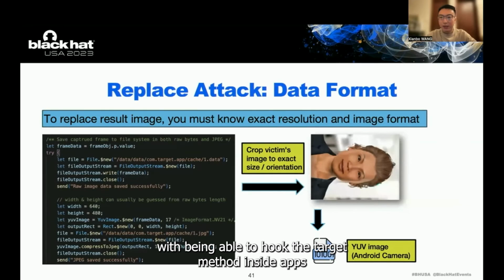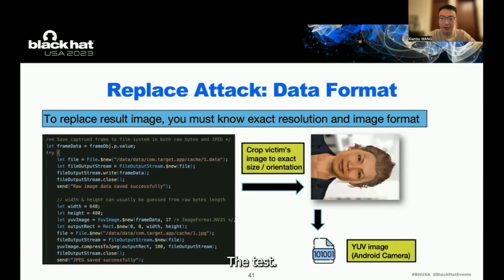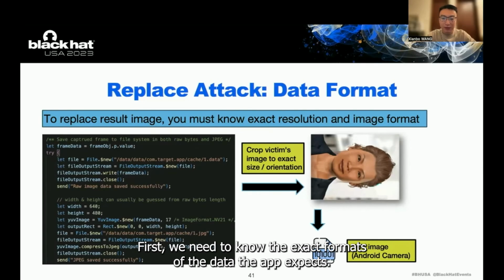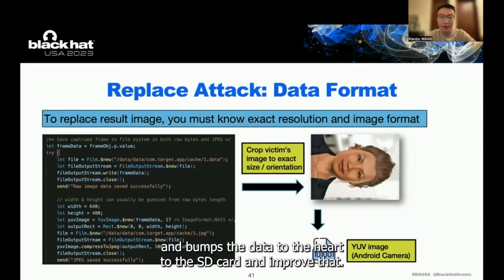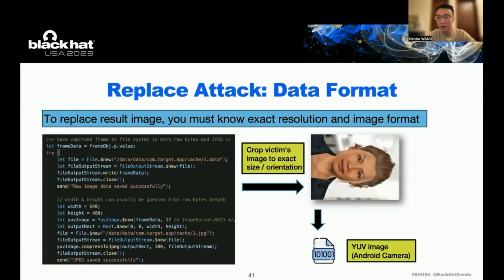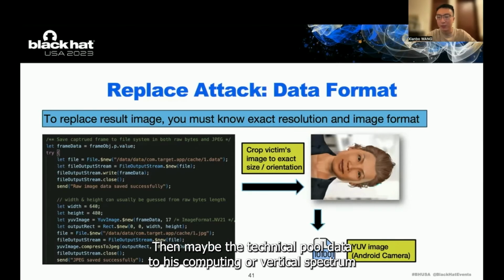After we're able to hook the target method inside the app, we can actually launch the data replacement attack. But first, we need to know the exact format of the data the app expects. So first, we hook the result returning function and dump the data to the SD card, and the attacker can pull the data to his computer for further inspection.